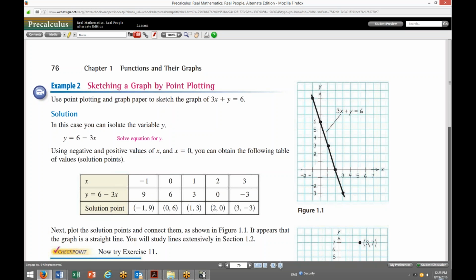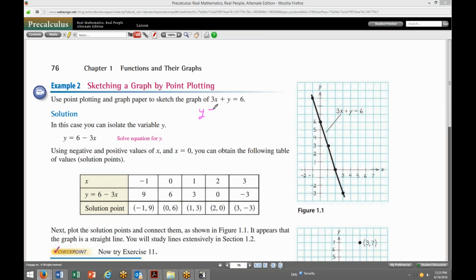To graph 3x plus y equals 6, I think I can use a utility right on this screen. I'm going to attempt that right now. With the 3x plus y equals 6 equation, if we subtract 3x from both sides, yeah, this is going to work.